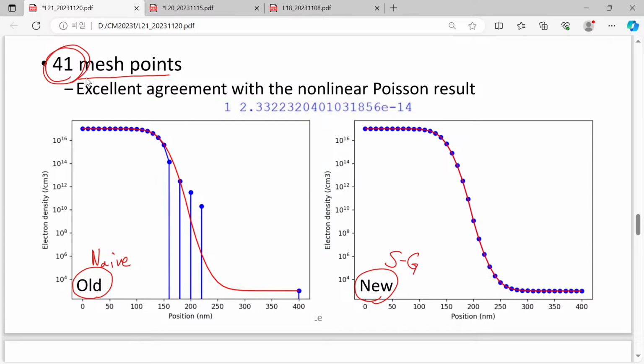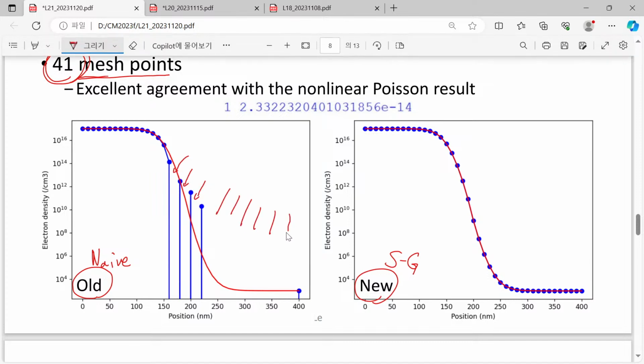Previously for this coarse mesh, we had a really awful result because at all these points we had negative electron densities, which is not acceptable.